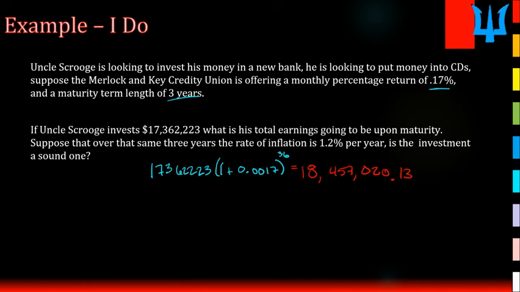If I think on that same front about the inflation rate, I'm going to have a very similar equation, but this one's in years and not in months, and my rate's a little bit different. So I'm going to start with that same principal number. I'm going to multiply by 1 plus 0.012. And this one, instead of being to the 36th power, is just going to be to the third.